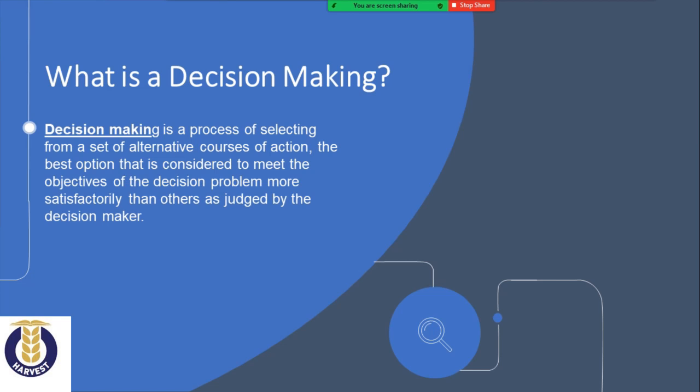So ideally, decision making is a process of selecting the best course of action out of the several alternatives. And in day-to-day, we are all decision makers. We are involved in this process on a daily basis. We always have several courses of action, but we always select that which we feel will satisfy our objective.